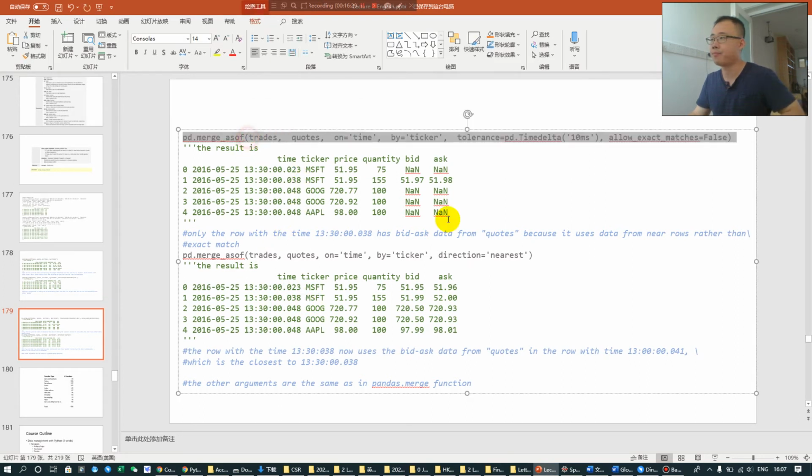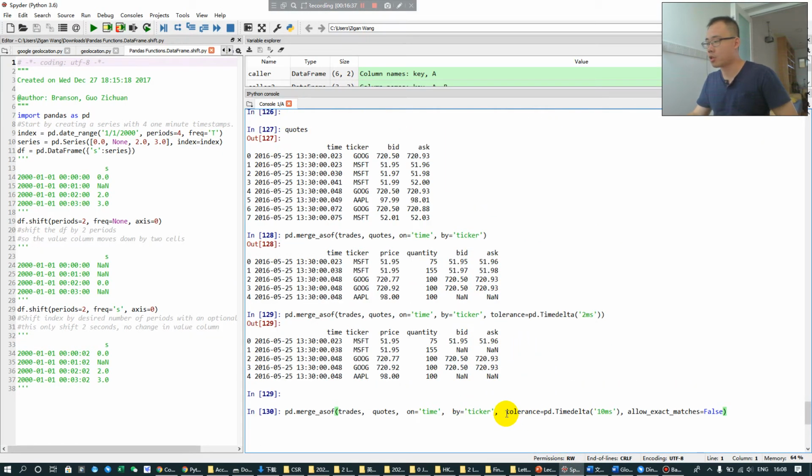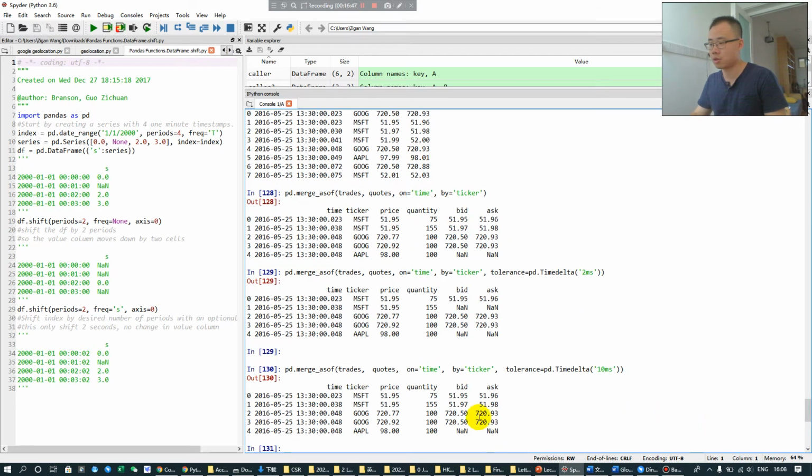And for this one, the tolerance is 10 milliseconds. If we have this, then I think the results should be the same as this one.